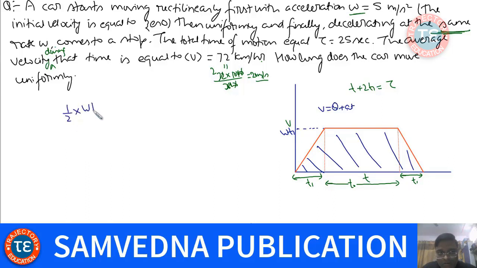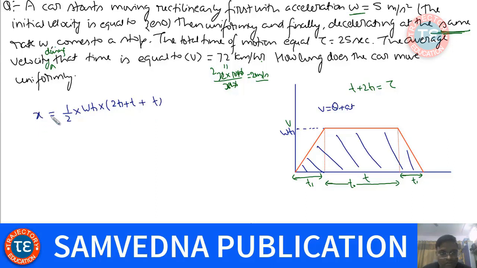So you can say area of trapezium is how much? Area of trapezium is 1 by 2 into height wt1 into the sum of parallel sides. So it is 2t1 plus t is one parallel side, plus this side is also t, and this is total distance traveled.